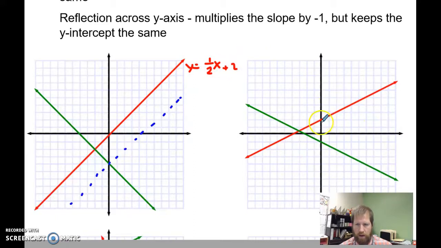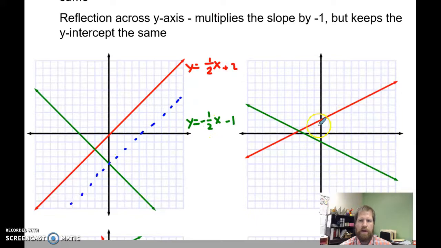If it works better for your mind, instead of trying to figure out what the translations are to get to the last one, you can first find the equation for that last one. If I look at this one, it is a -1 now, and the slope is -1 over 2, or -1/2.